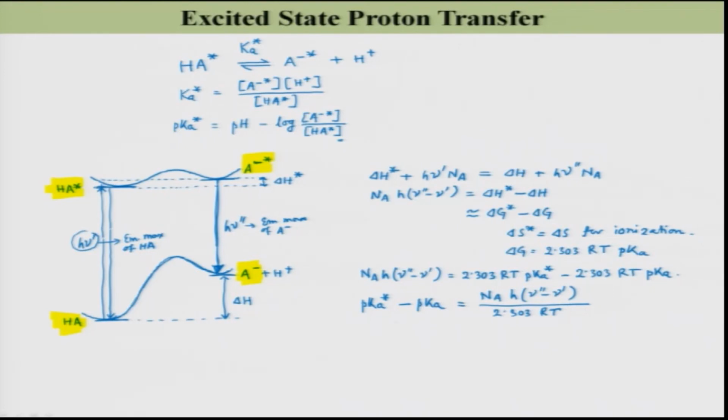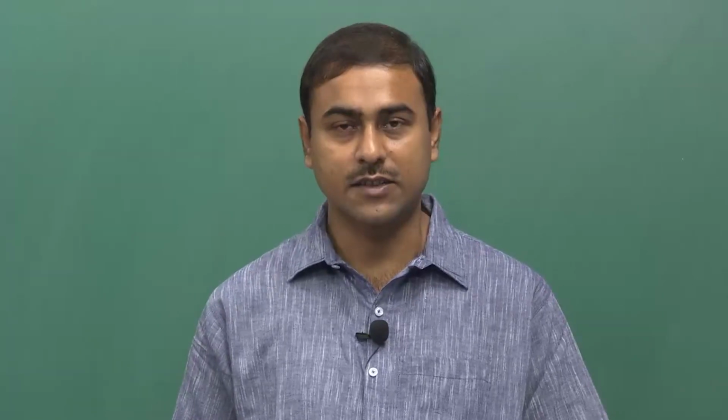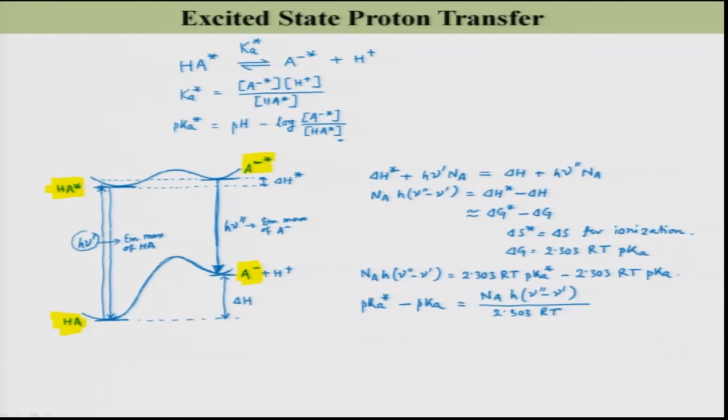That is it. So, if I know the pKa in the ground state, then I can readily calculate the pKa star in the excited state, provided I know what is the emission maxima of this HA, what is the emission maxima of this A minus, and these other things are constant terms.